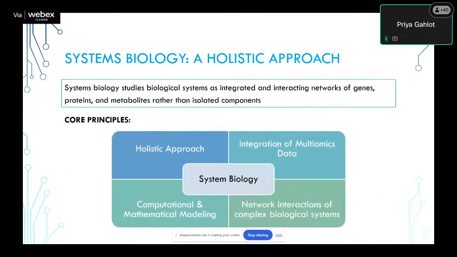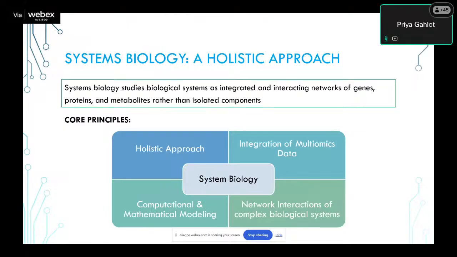Then I would like to cover what systems biology is. Systems biology basically is a holistic approach. So here we are not concentrating on the one gene, one disease theory. Systems biology refers to the study of biological systems rather than a single particular component.